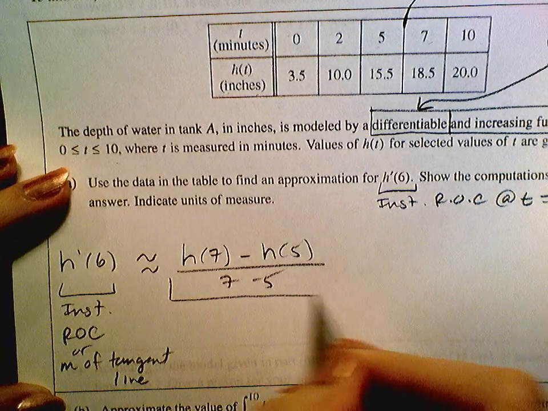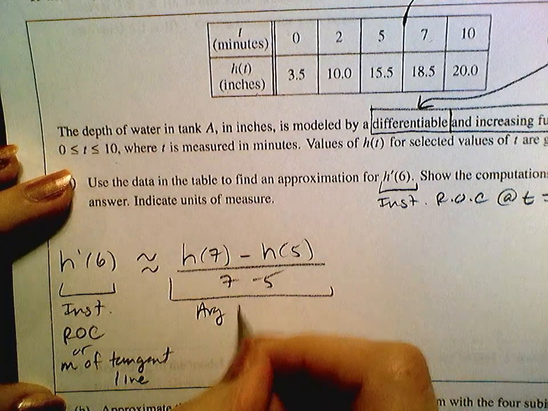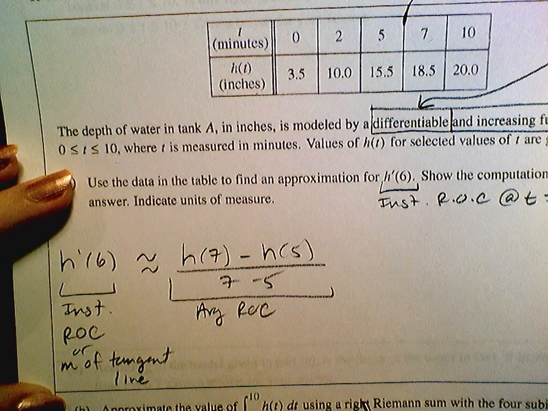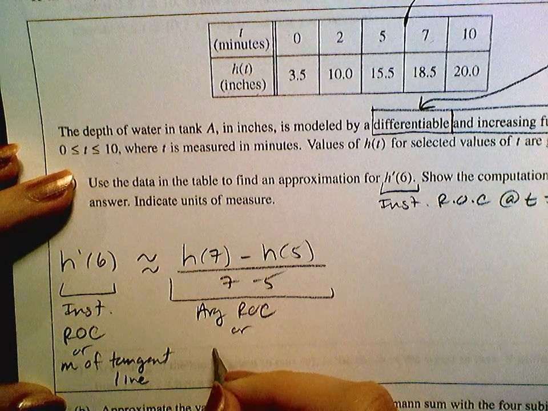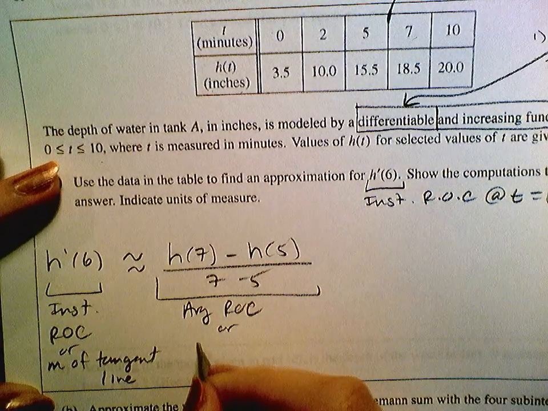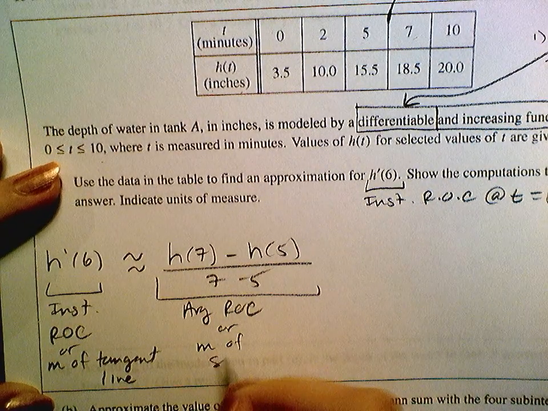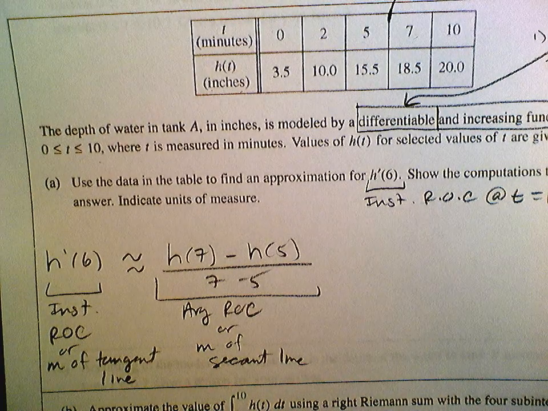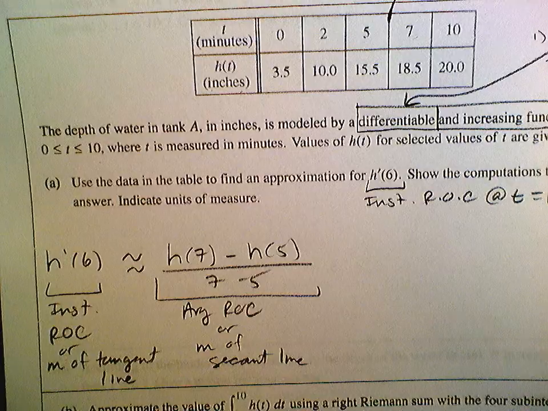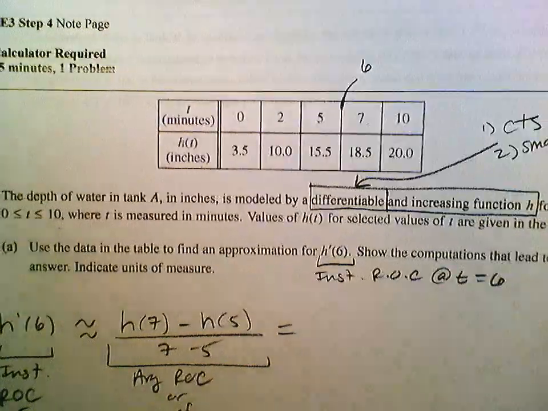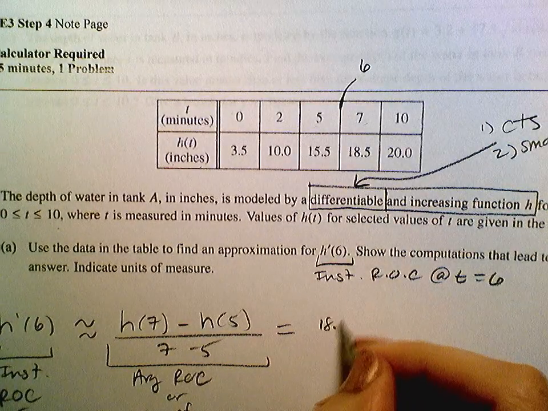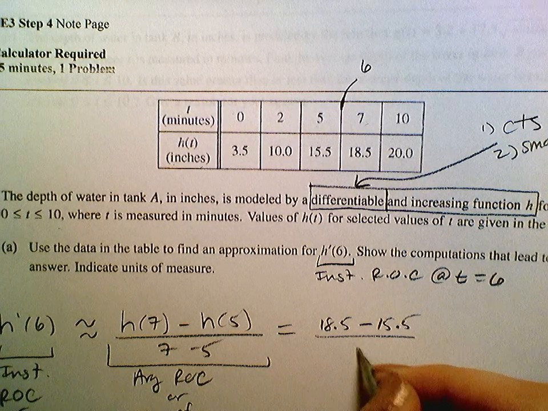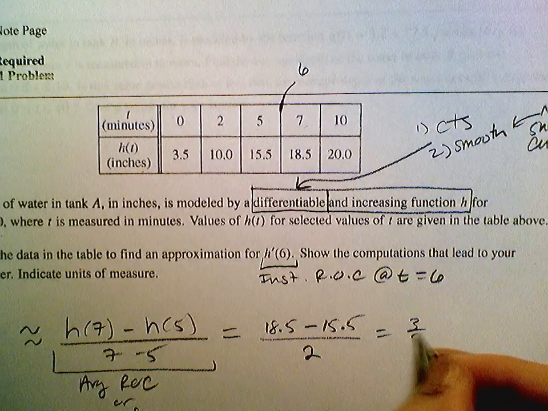But then this over here, this is the average rate of change, or slope of the secant line. So sometimes you've got to use a secant line to approximate a tangent line's slope. And then this is 18.5 minus 15.5 over 7 minus 5 is 2. This is 3 over 2.